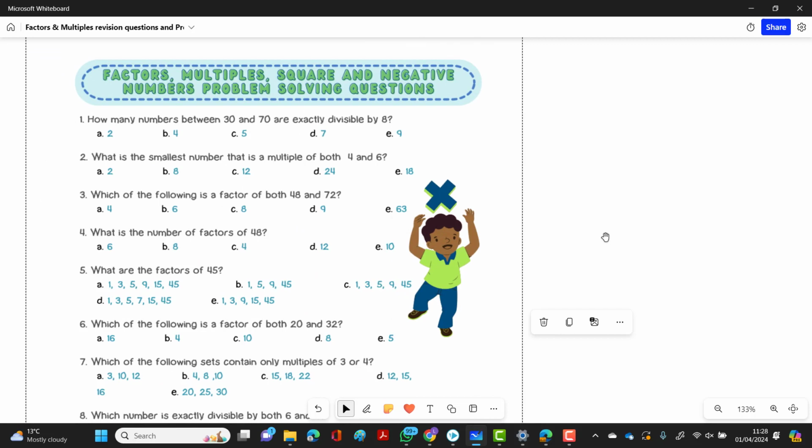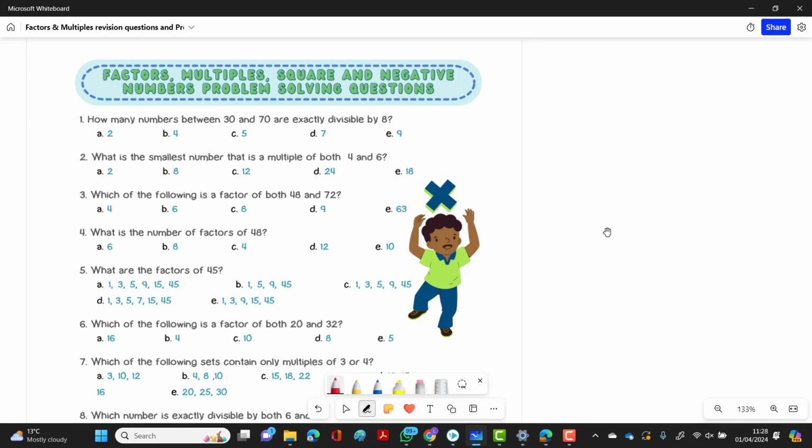How many numbers between 30 and 70 are exactly divisible by 8? It says between, so you don't include 30 or 70. So write 31, 32, 33, 34, 35, 36, 37, 38, 39.